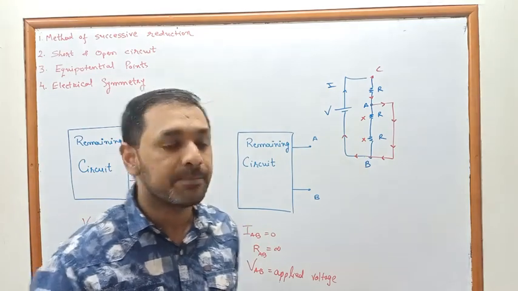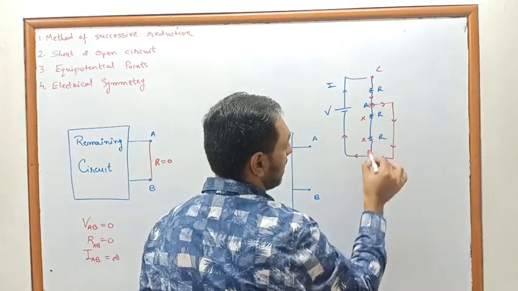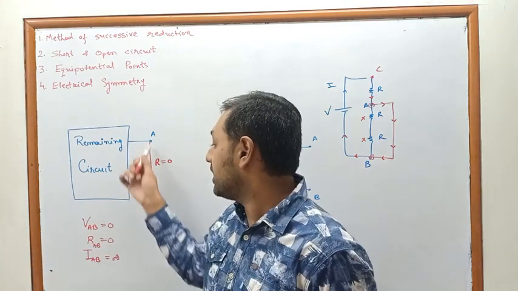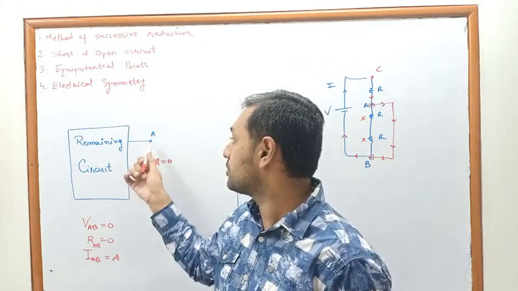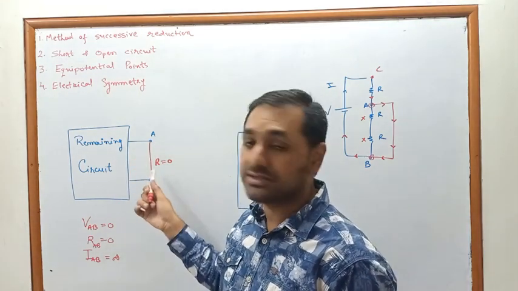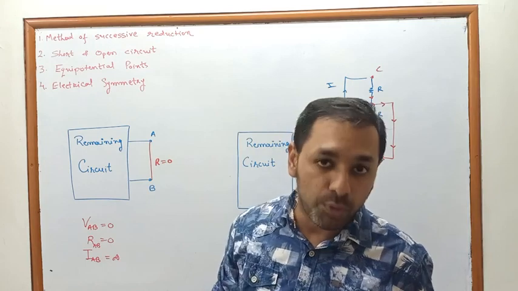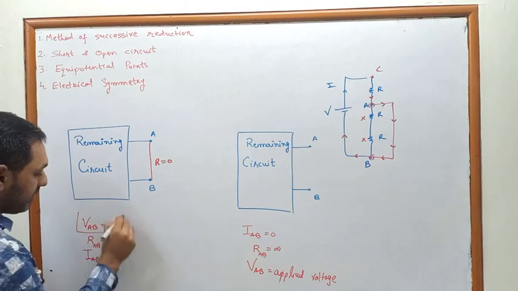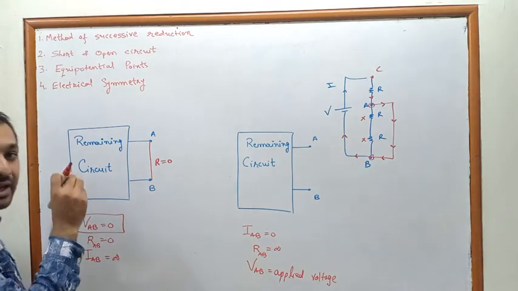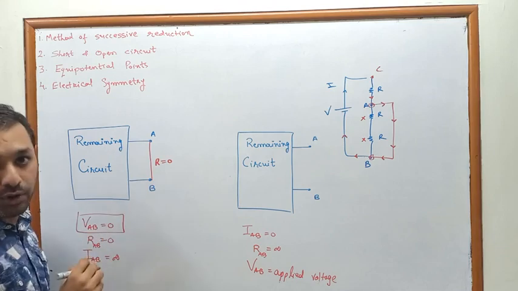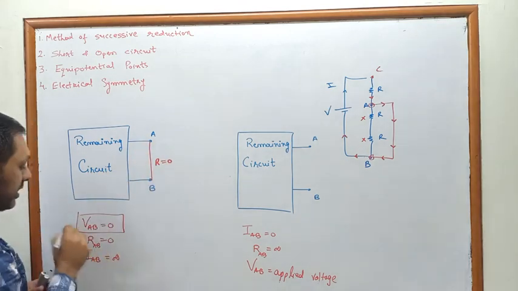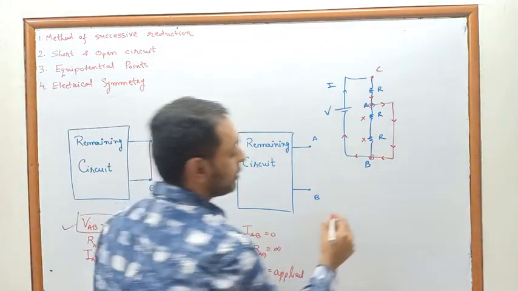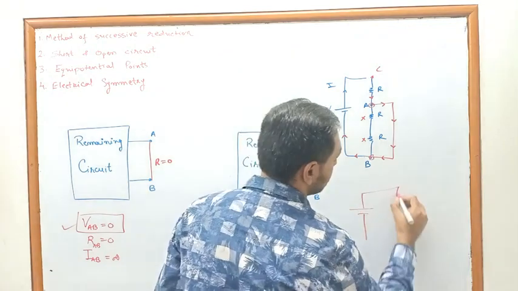So if points A and B are short circuited, or if they are at the same potential, because potential over here is 0 and over here is 0, or any 2 points between which the potential difference is 0, you can say V_AB is equal to 0. So in any circuit, if you find any 2 points with potential difference 0, you can join these 2 points. So we can redraw our network like this.